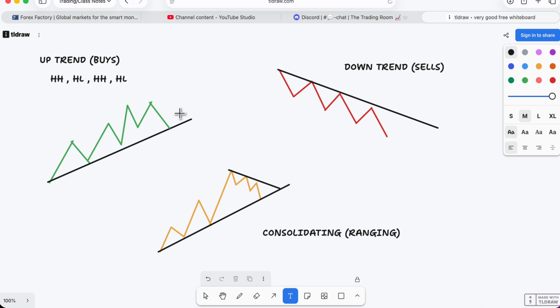So when we are making our trend lines, we are connecting every higher low. That is why the trend line is at the bottom. We're connecting the previous low to the higher low, then to the next higher low, and to the next higher low.